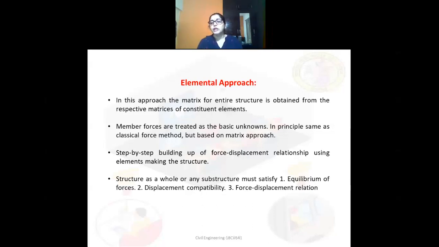For each element, you find the flexibility influence coefficient matrix. Then you sum it up for the structure as a whole. That should satisfy equilibrium of forces, displacement compatibility and the force-displacement relationship. Only then can you find the redundant forces.